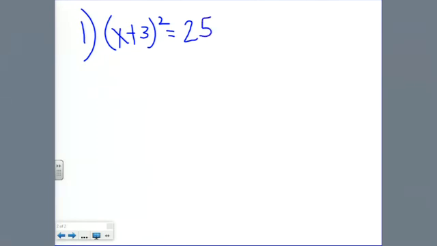And we want to solve for x. The first step is to get rid of the exponent. So the opposite of squaring something is taking the square root of it. Whatever we do to one side of the equation, we've got to do the same thing to the other side. So we will take the square root of both sides.